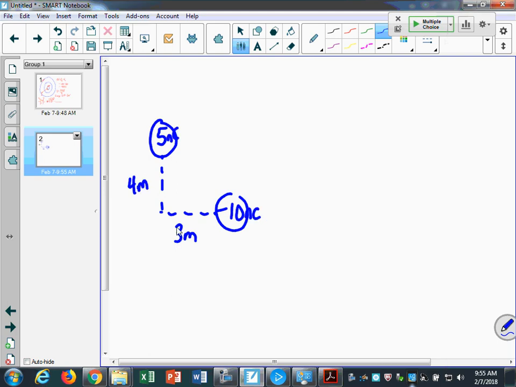I try to make it so that the numbers work out nicely. You might have some decimal numbers, and you will have some decimal numbers, but I try to make it so that you have a lot of cancellations. So as you're working through these, make sure you watch for those cancellations.